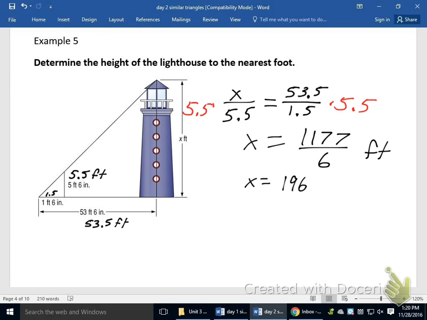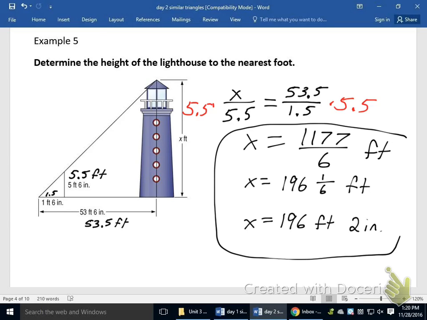And there is a remainder, okay? And that remainder is 1. So 1/6 as a mixed number. Now that actually helps me out a lot because I do know what a sixth of a foot is. 1/6 of a foot is 2 inches. So 196 feet, 2 inches would be my answer.